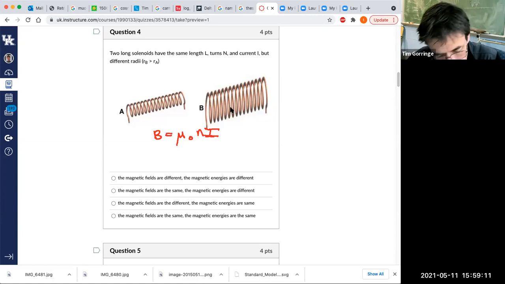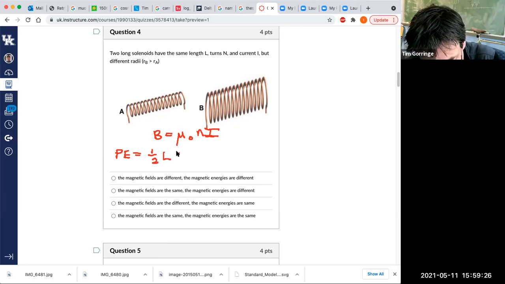What about the energy? So the potential energy in the inductors here, we can write that in terms of their inductance. It's 1/2 Li squared.